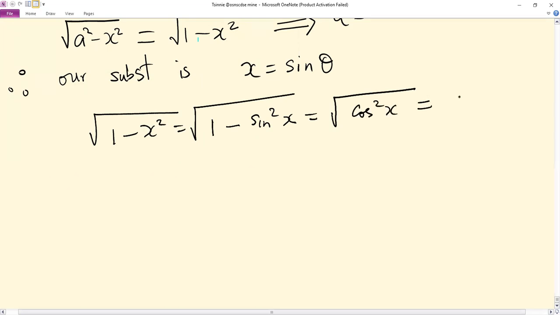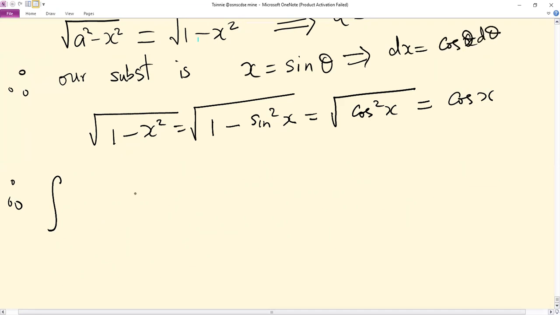The square root of cos squared is cos theta. And also from this one, dx is cosine of theta d theta.